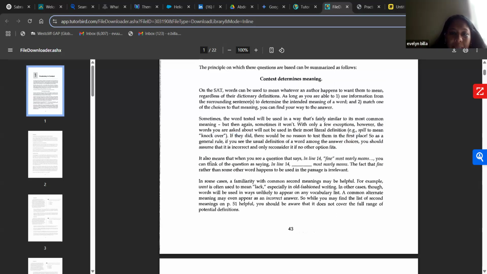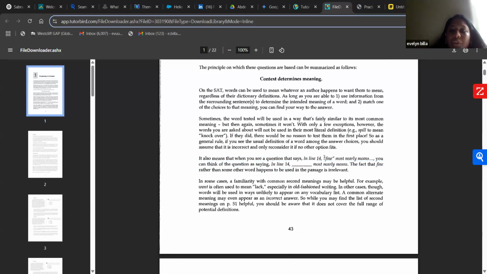Another example: when you see a question like "in line 14, 'fine' most nearly means," you can think of the question as saying "in line 14, blank, most nearly means what?" The fact that fine rather than another word happens to be used in the passage is irrelevant.